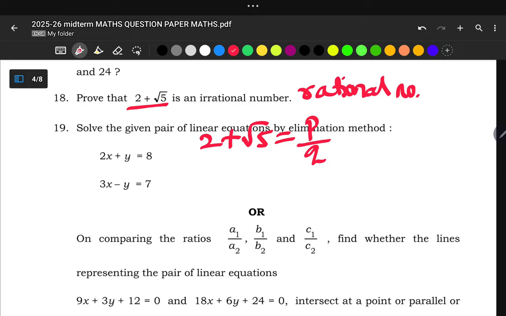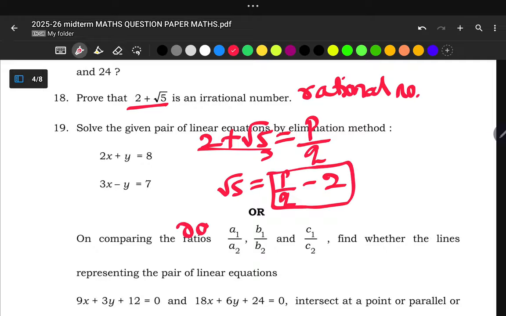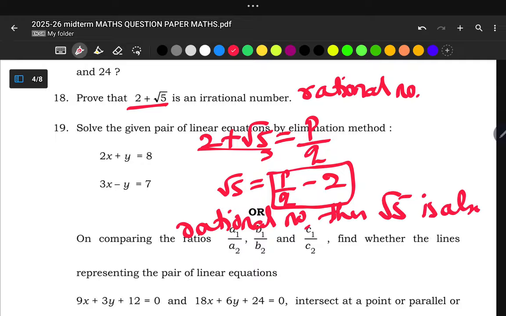Now make it equal to root 5 by interchanging the values. P by q, transpose this 2 to the right side, it will become minus 2. If p by q minus 2 is a rational number, then root 5 is also a rational number.